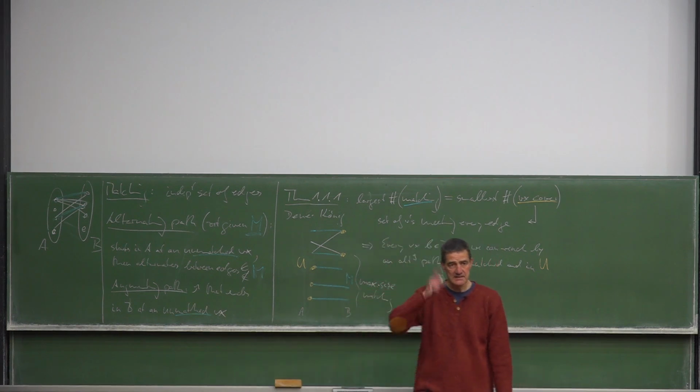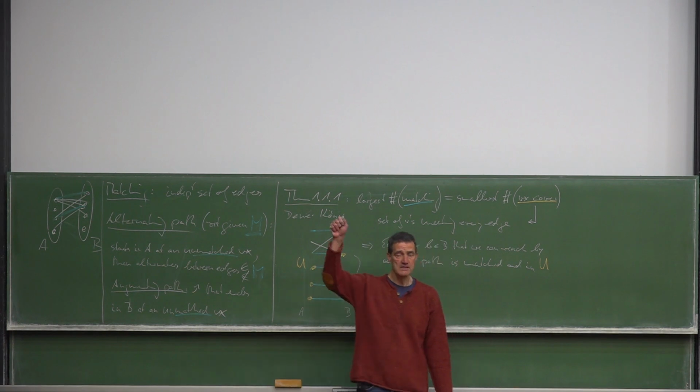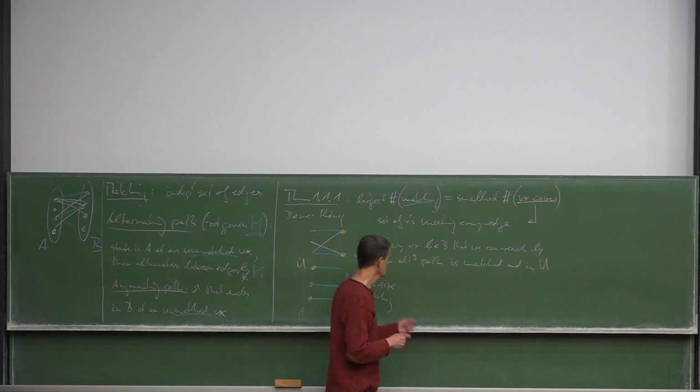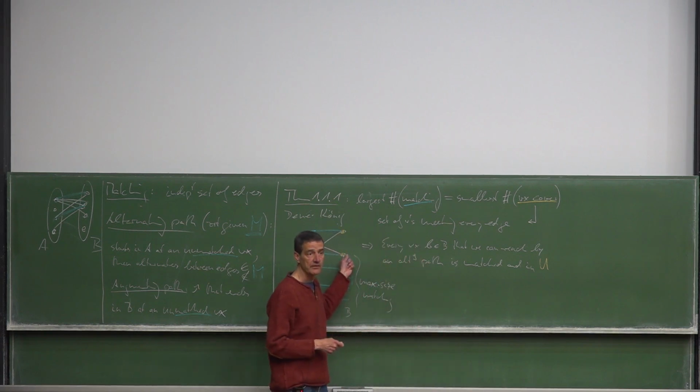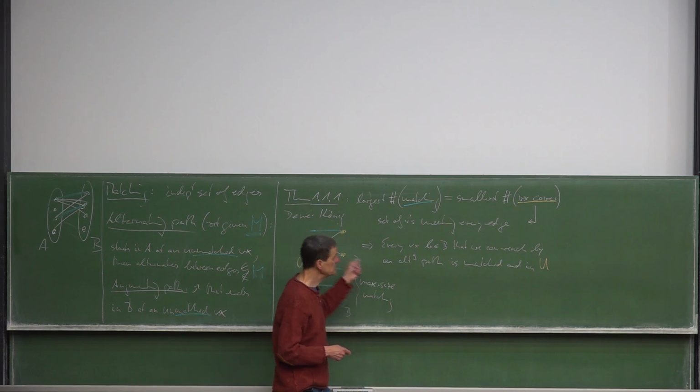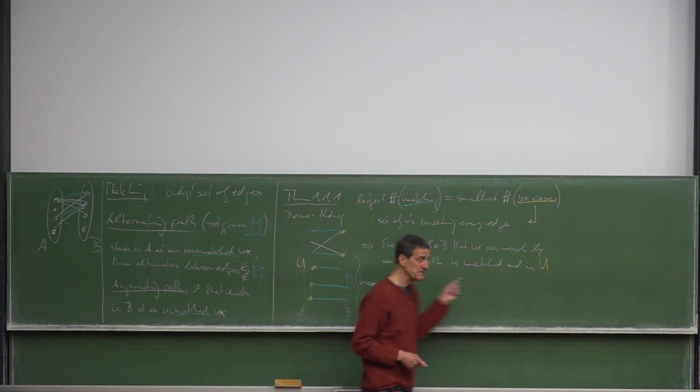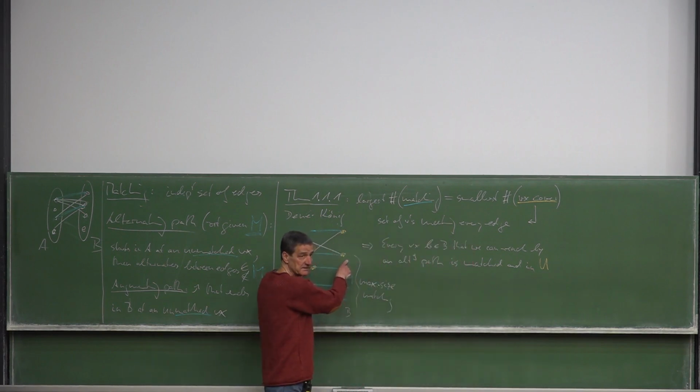Why? Well, let's do the proof formally. Suppose we have an alternating path, and let's look at the first time it meets a vertex in B that is not in U. It always meets the vertices in B on the right first. That's because it's alternating. It starts outside M, and then it always hits any M edge first on the right, and then it goes back on that edge.